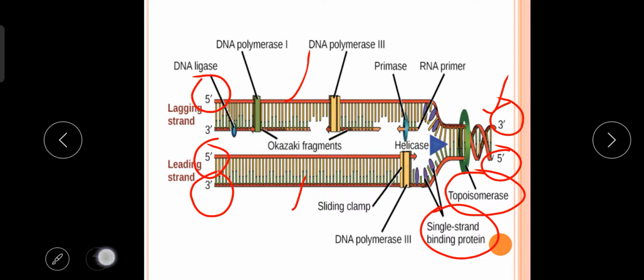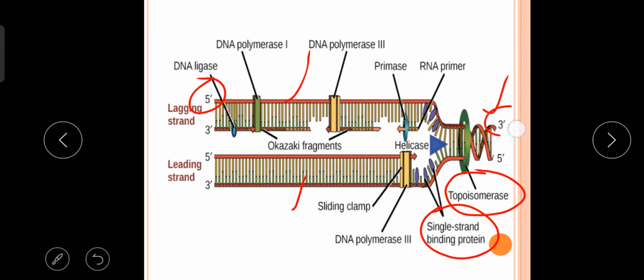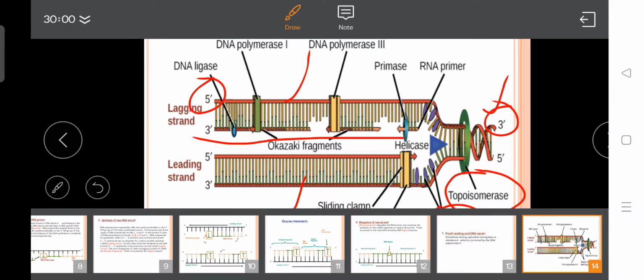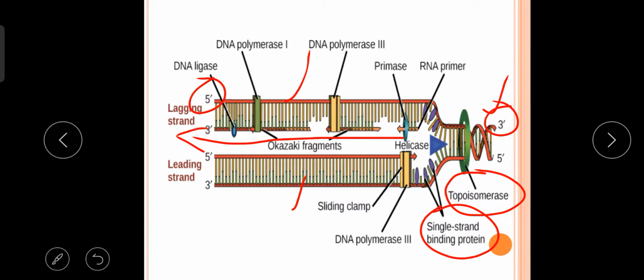On the other hand, in the opposite strand, where the parent strand is from 5 prime to 3 prime direction, the newly synthesized strand moves from inside to outside. The leading strand always moves inward, and the lagging strand moves outside.